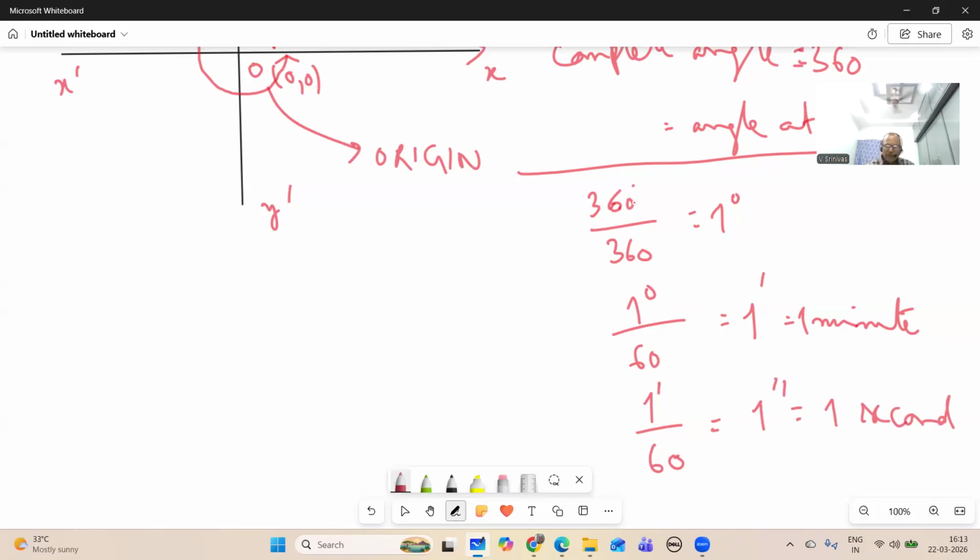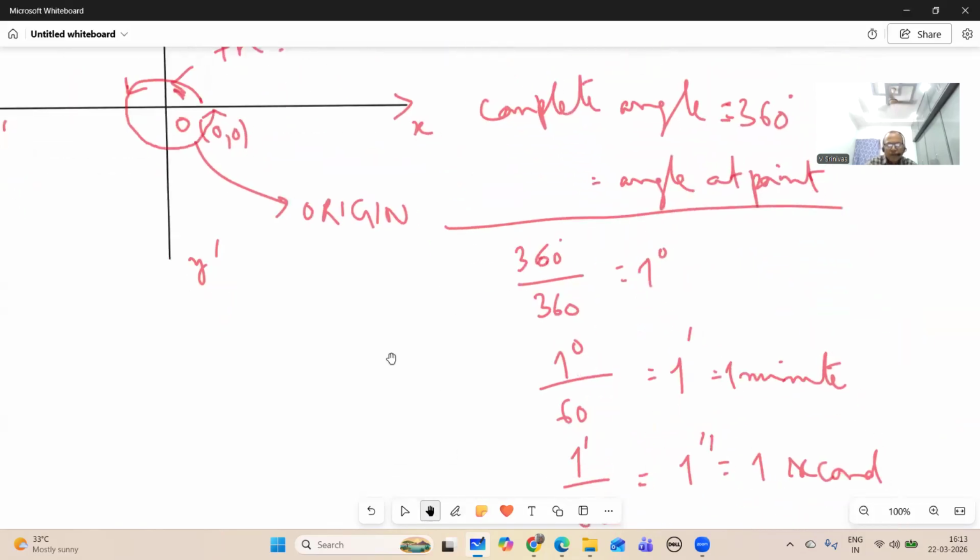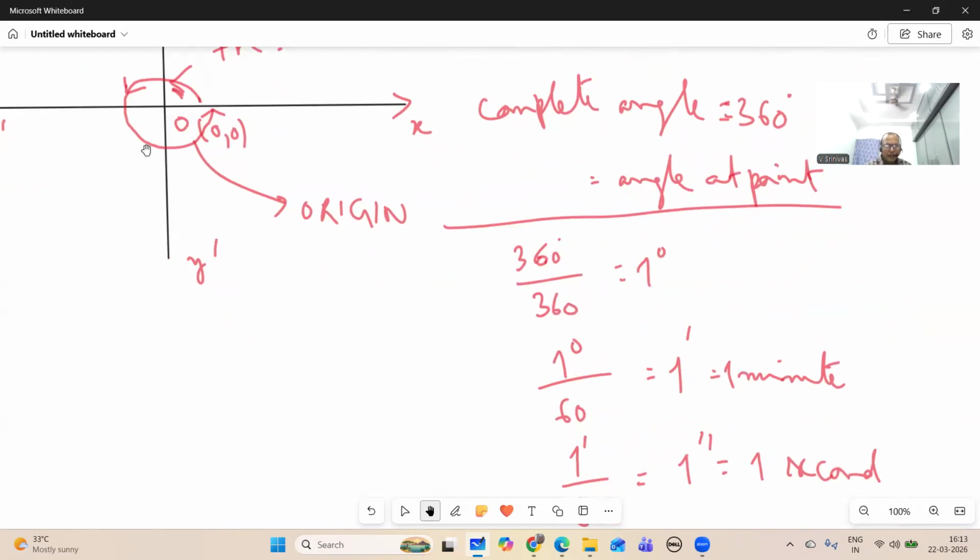We gave a measure for the complete angle, that is the angle at a point. We decided its measure to be 360 degrees. Right, and then we divided that complete angle, 360 degrees, into 360 equal parts.